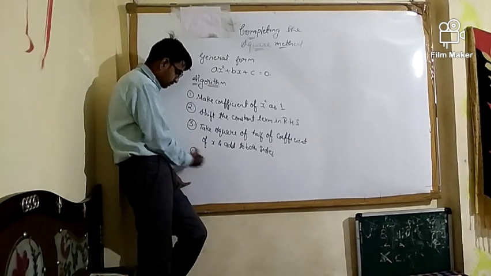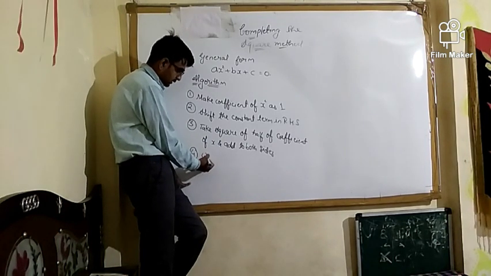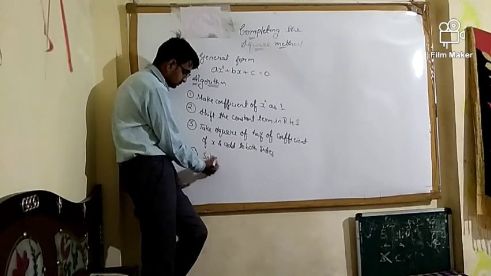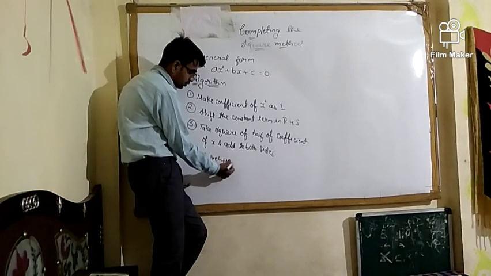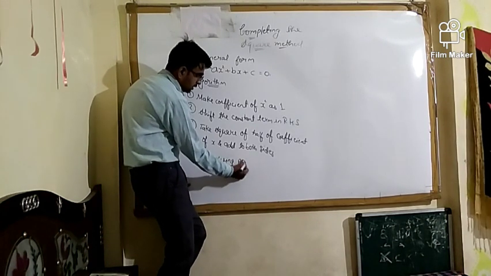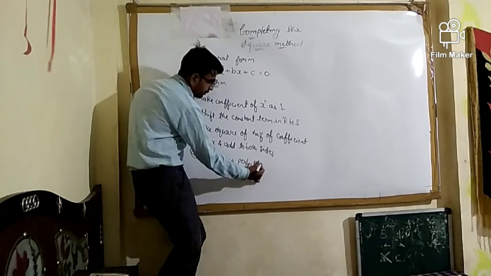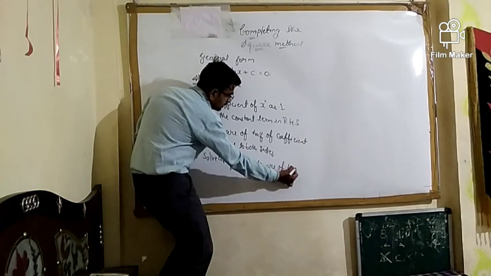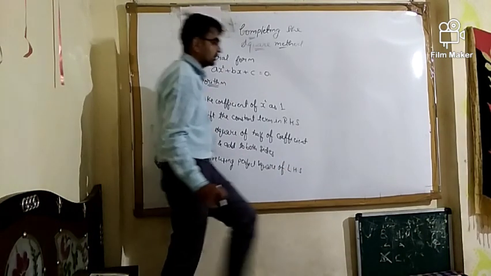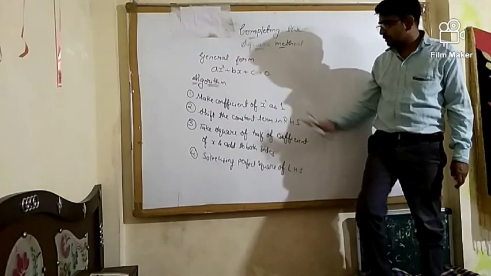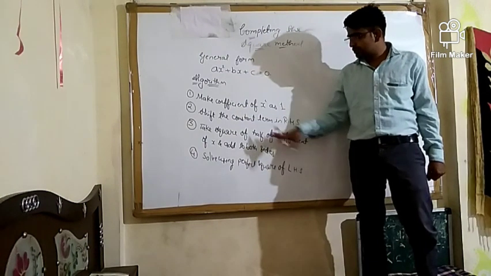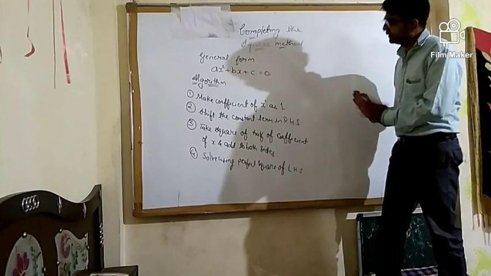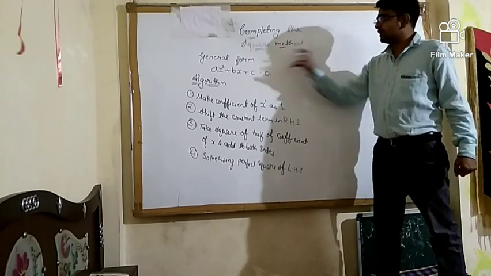After these three steps, we solve using the perfect square of LHS. So this is the algorithm. Using these 4 steps, we solve the quadratic equation by the completing the square method.